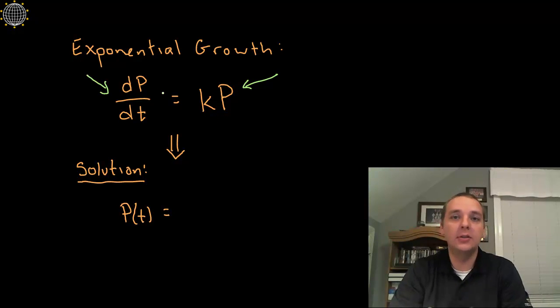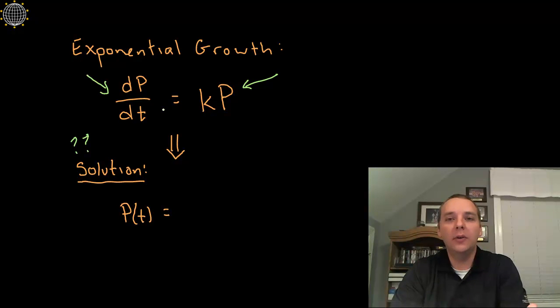Now, most colleges offer a whole class on just differential equations. We're not going to go anywhere near that deep. We're just going to recognize this basic model of the rate of change of a quantity being some multiple of that quantity. Now, what would the solution for a differential equation like this be?